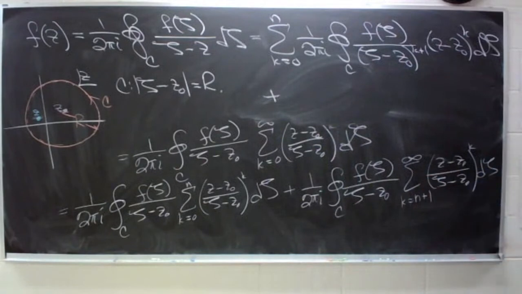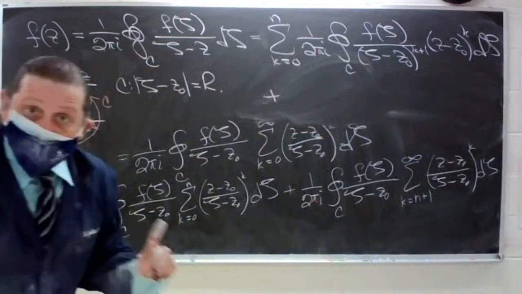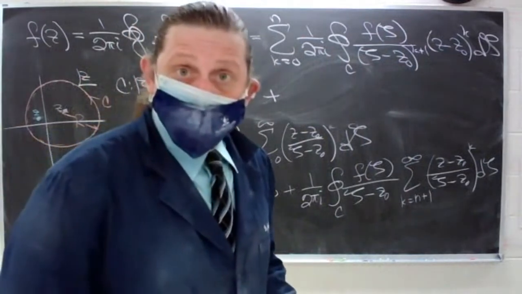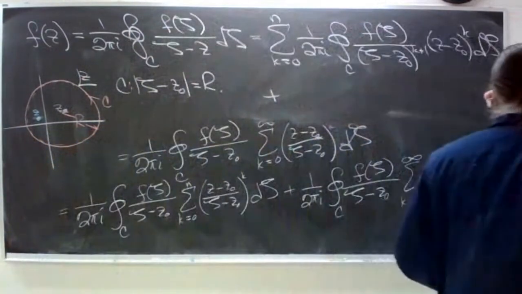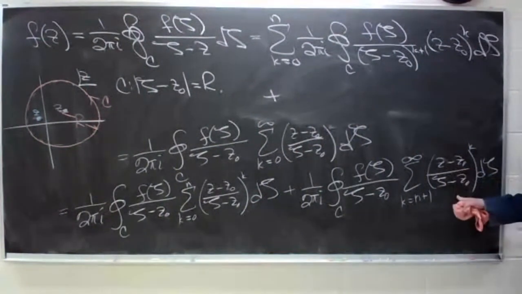And then I've got the rest. That's an infinite series. It does converge 100% because the modulus of z minus z naught is less than the modulus of zeta minus z naught.